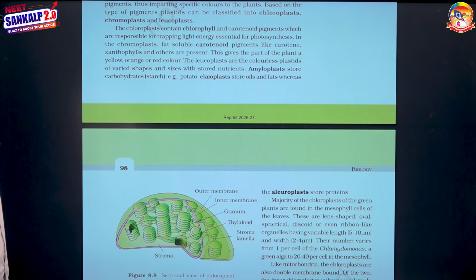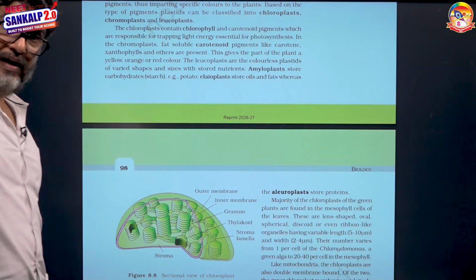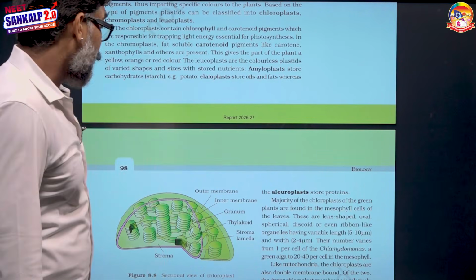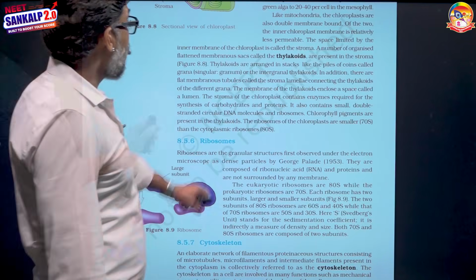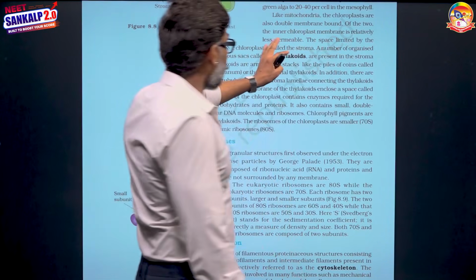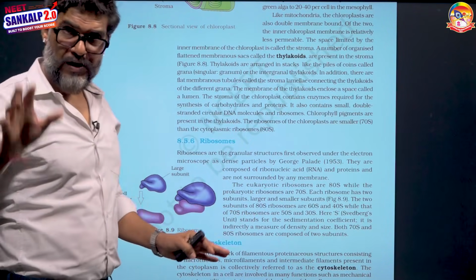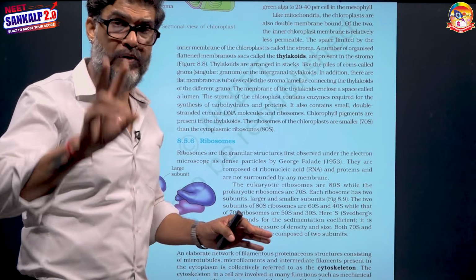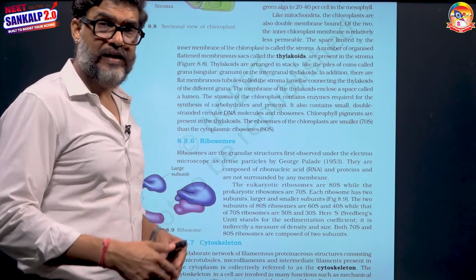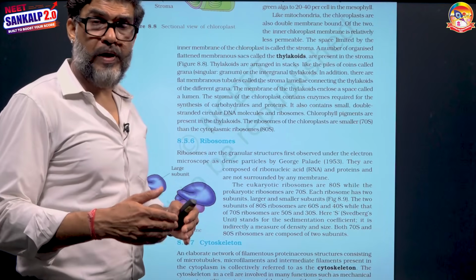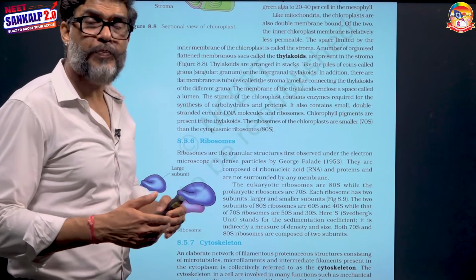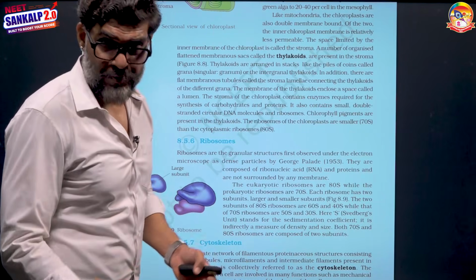Like mitochondria, chloroplasts are also double membrane bounded. I repeat, it was a question of NEET. The statement was that out of the two membranes, the inner chloroplast membrane is relatively less permeable. Like mitochondria, chloroplasts remain surrounded by double membranes, and the inner membrane is less permeable than the outer membrane.